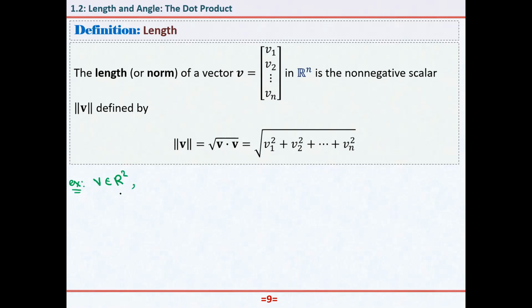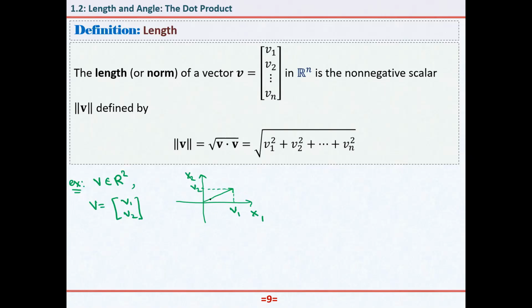This v has components v sub 1 and v sub 2, so on the axes x sub 1 and x sub 2, vector v has this component v sub 1 and this one is v sub 2.